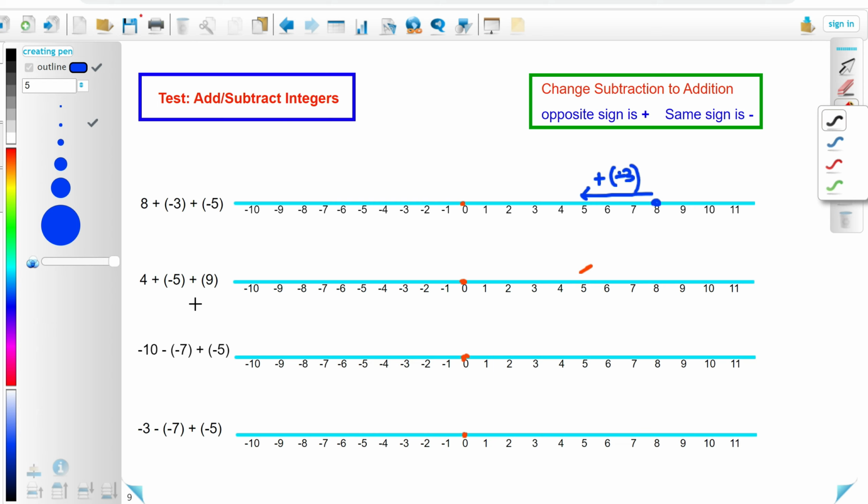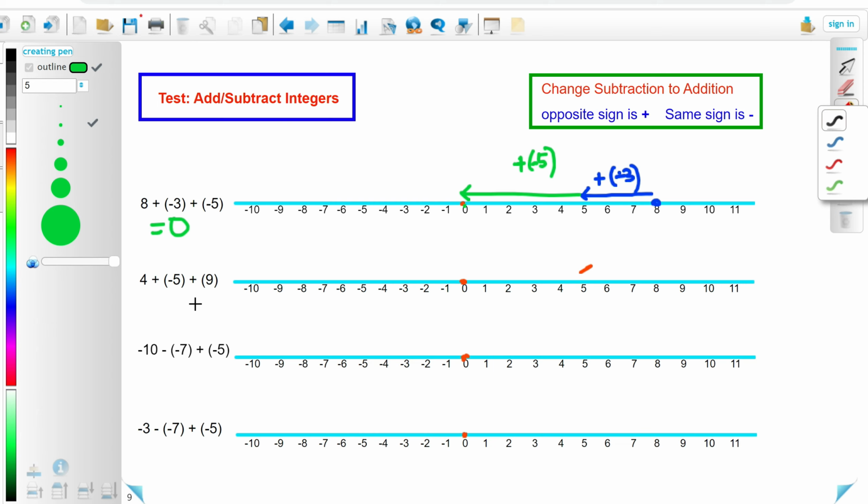Now we have to add minus 5, so from here we go 5 units further, and 5 units will take you to 0. So where do we reach? We reach 0 as our answer. Do you see that?